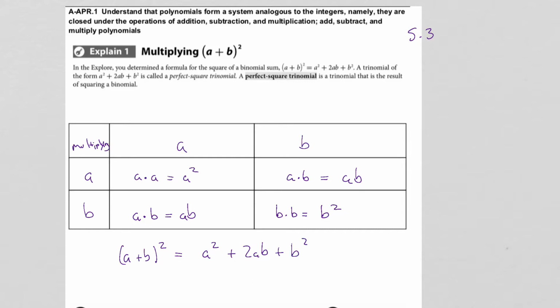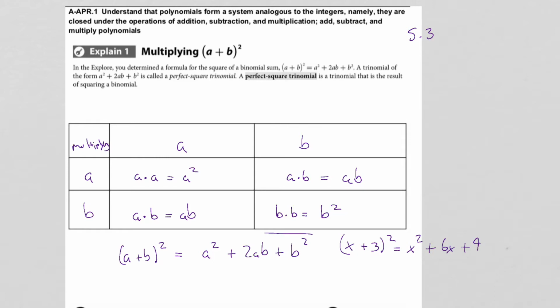And you're like, so what? That's interesting, but there aren't even any numbers there. How does that help me in any way? I'm going to show you that if I have, say, (x + 3)², without foiling, without distributing, without multiplying this all out, this is going to be equal to x² + 2 times 3 times x, which is 6x, plus 3².